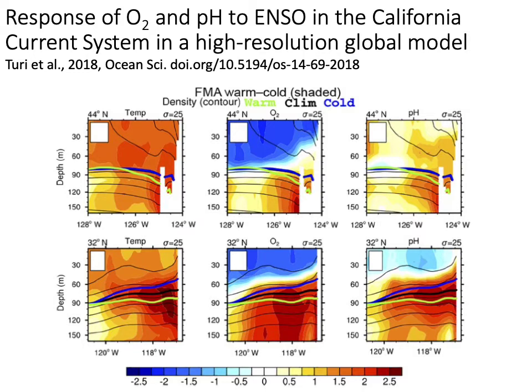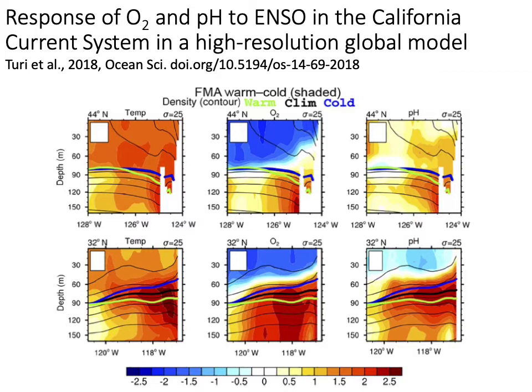And moving on to the biogeochemical significance of this, you see that the Earth system model shows a strong oxygen response and pH response of diminished oxygen in the upper water column and enhanced oxygen in the subsurface during warm phases of ENSO, as well as higher pHs in the subsurface under ENSO.